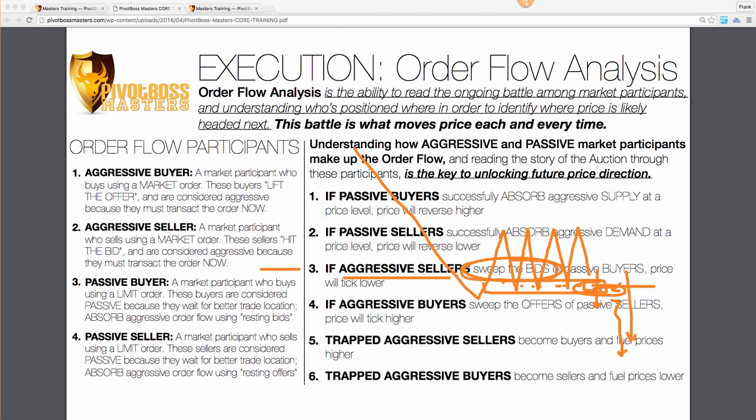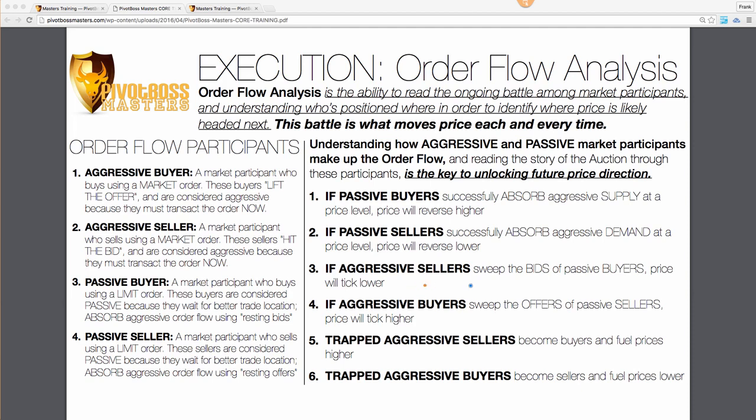For example, if you have a support level right here and say a limit order from a passive buyer has 5,000 contracts to buy. Price will come down here, and you need at least 5,000 contracts of market orders to sell through that level. So maybe 1,500 contracts come through as a sell imbalance, and now this drops from 5,000 to 3,500.